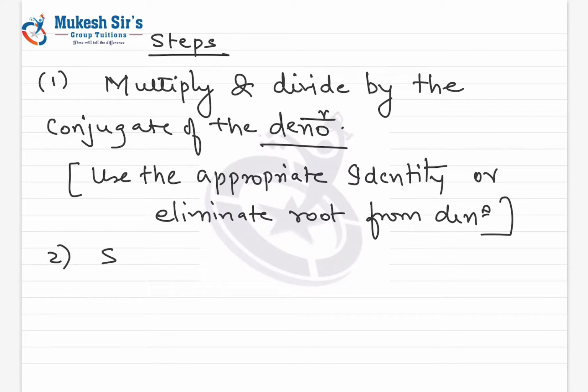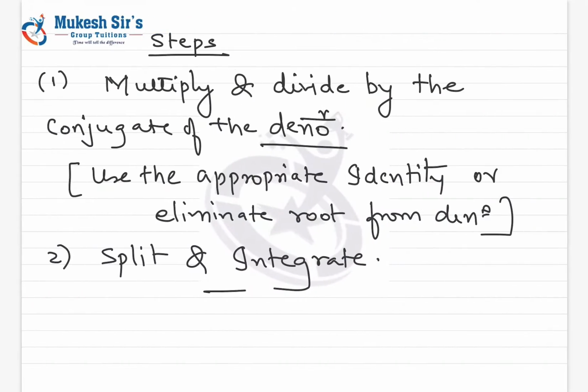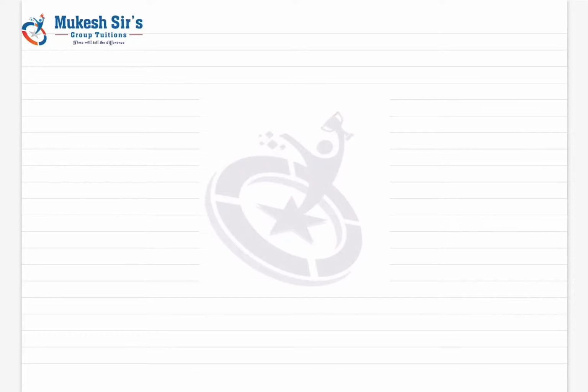Then you have to split and integrate. Okay, so for these kind of questions, you have to multiply and divide by the conjugate of the denominator. Then use the appropriate identity or remove the root if it is an algebraic function, then split and integrate.